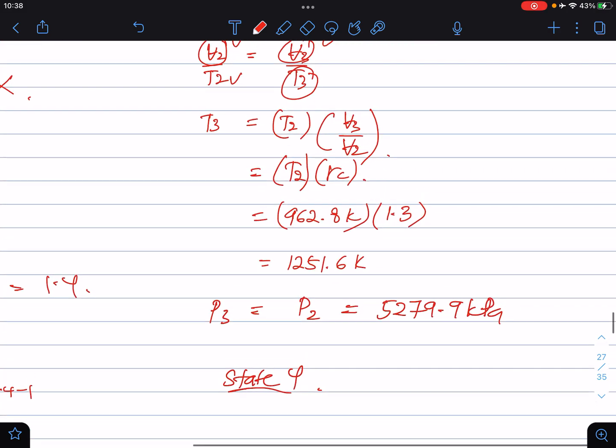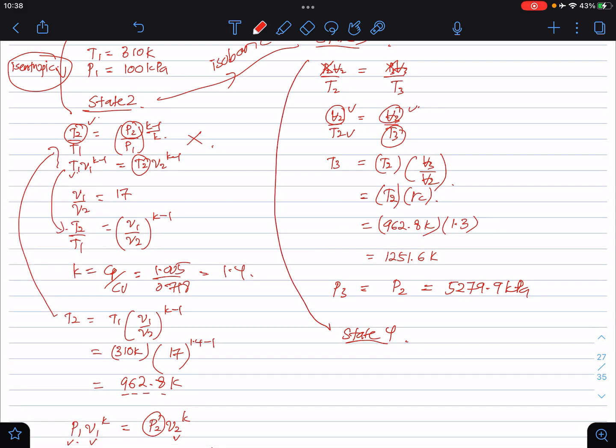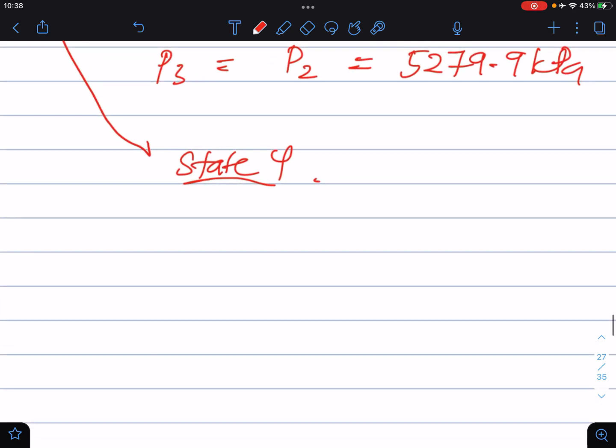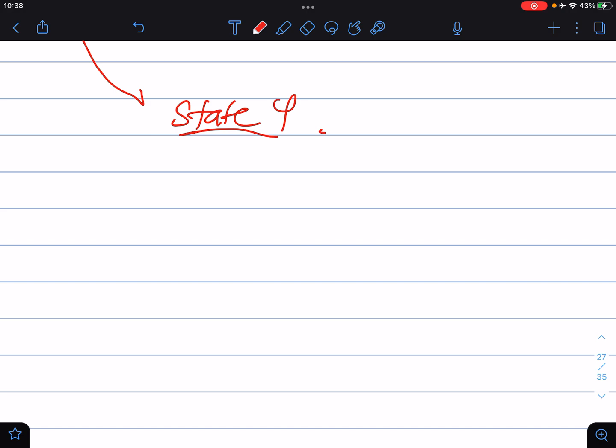From 3 to 4, this is also an isentropic process. So you can use the isentropic equation to find the parameters at state 4. First you can link 3 to 4 with the TV relation: T3 V3 power of K minus 1 equals T4 V4 power of K minus 1.